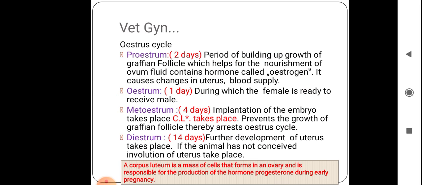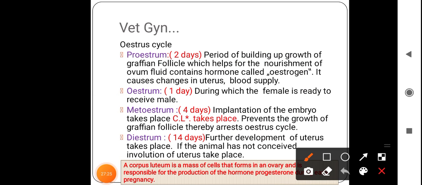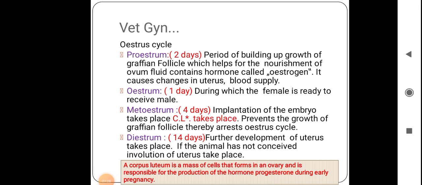Now, what is the corpus luteum? The corpus luteum is a mass of cells that forms in an ovary and is responsible for the production of the hormone progesterone during early pregnancy.